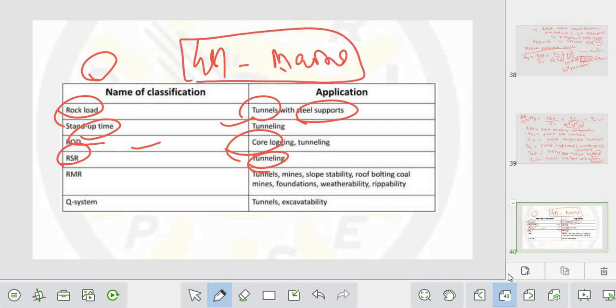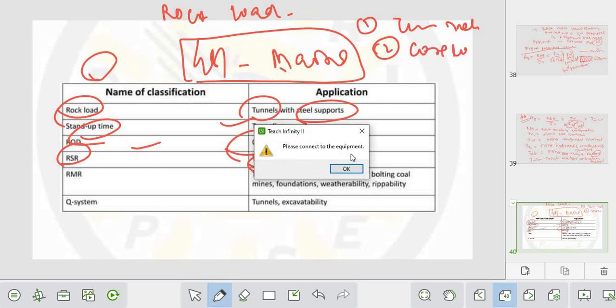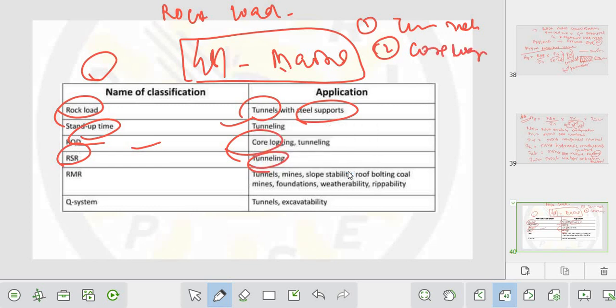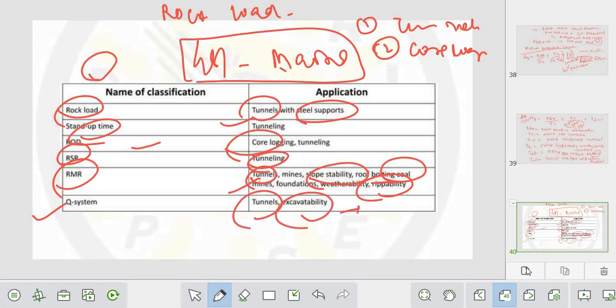Or you can get a question like which one of the following is the application of the rock load classification. जैसे टनलिंग हो गया, कोर लॉगिंग, है ना, माइंस के लिए यू कैन गेट आरएमआर. So माइंस के लिए यूज होता है, टनल के लिए यूज होता है to measure the slope stability, okay, bolting in coal mines, and whether there will be weatherability or not. Q system, tunnel के लिए excavation or any type of support structure.